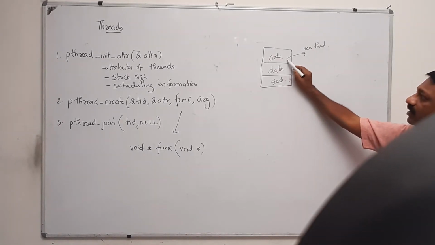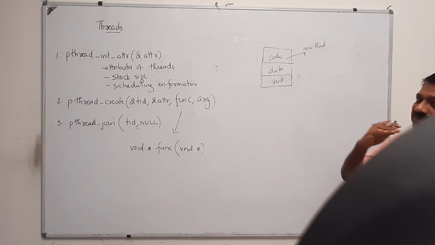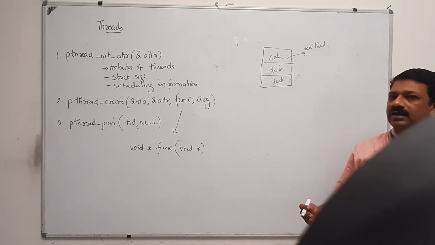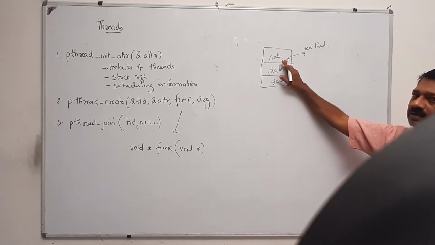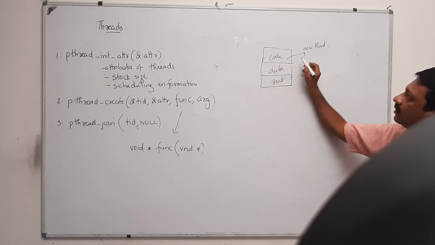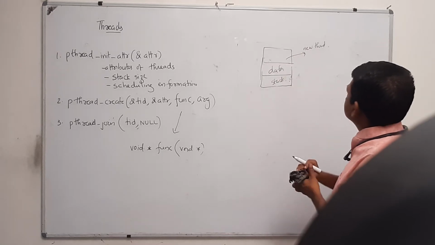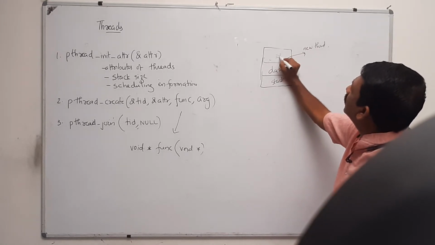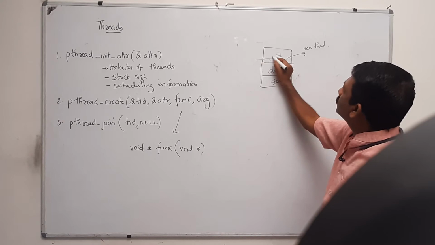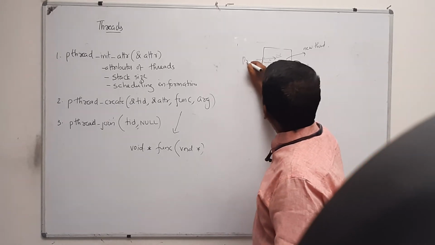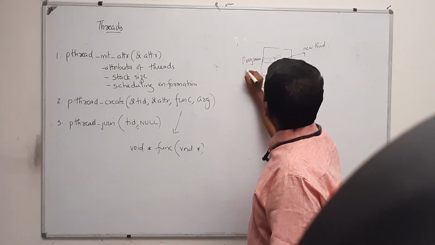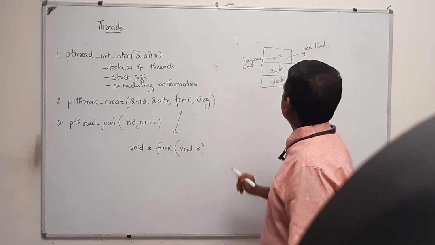When a new thread is created, a separate execution path is created. The code is the same. Suppose this is the code area and your program counter is residing here.